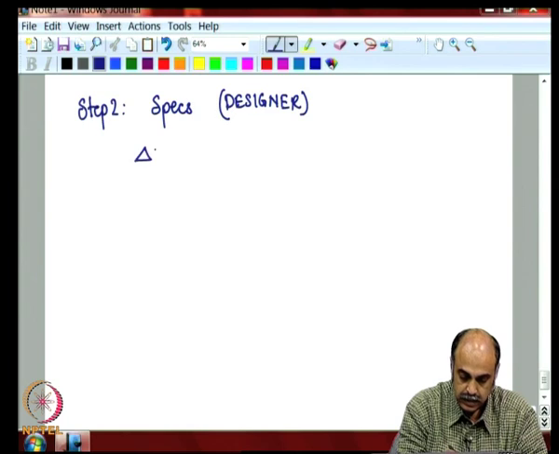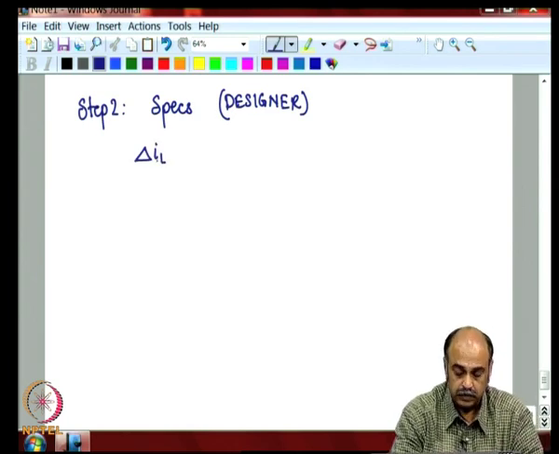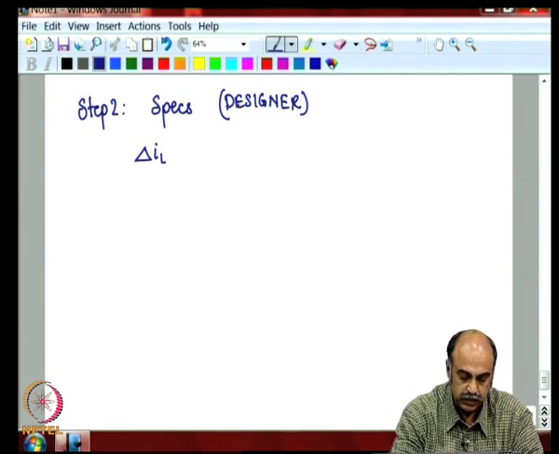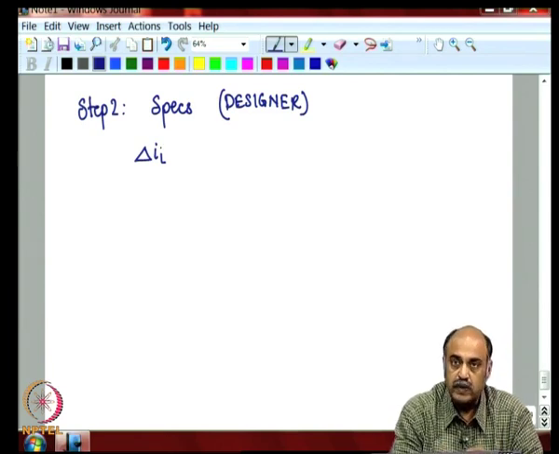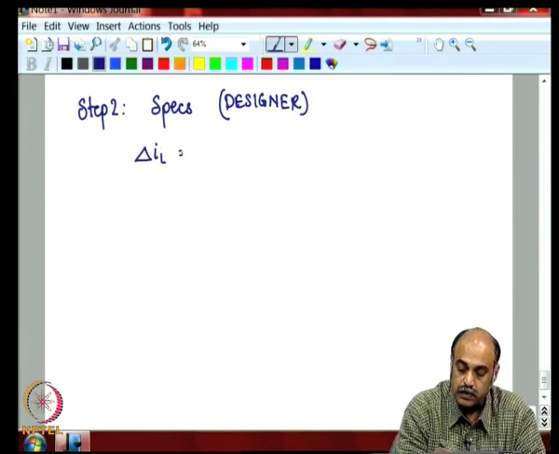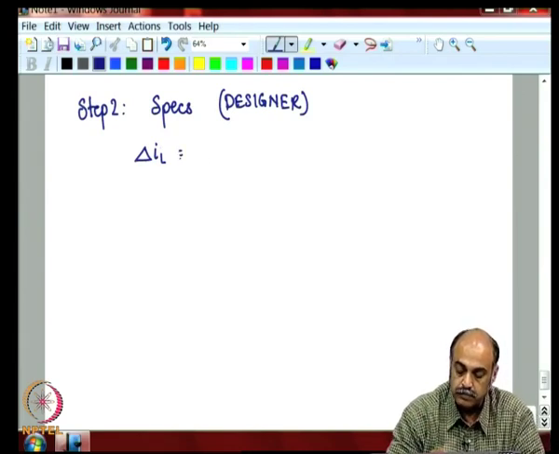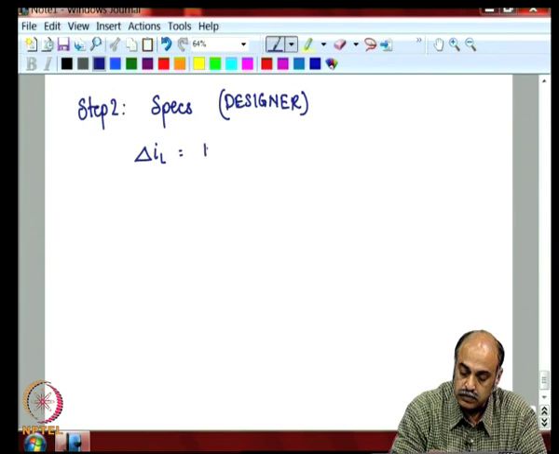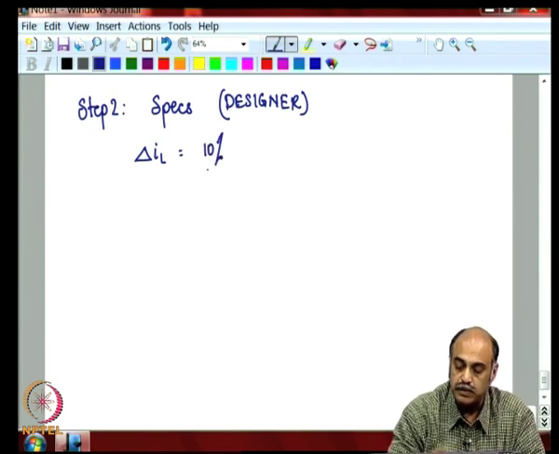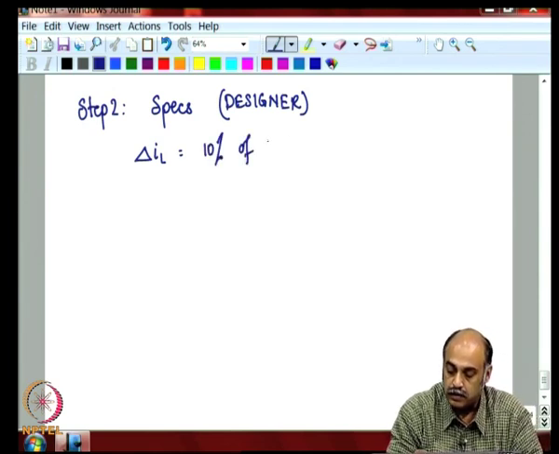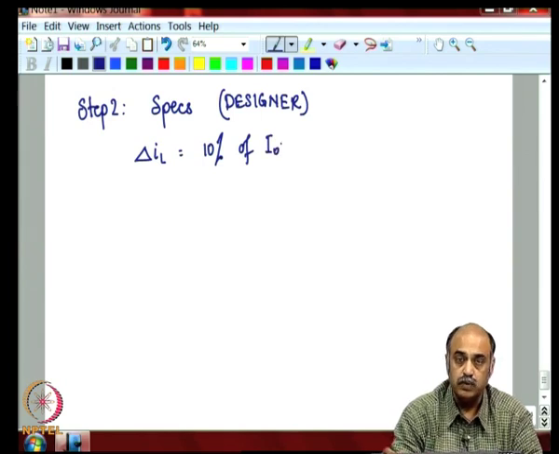One is delta IL. If you are using an inductor like this buck derived converter, what is the amount of delta IL you would like to give? We mentioned right in the beginning, we start with a value of 10% of I naught, that is the maximum load current.